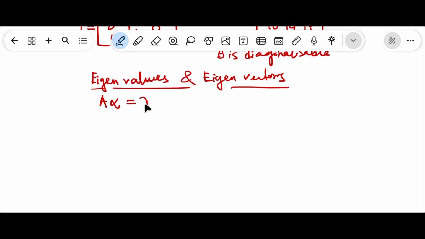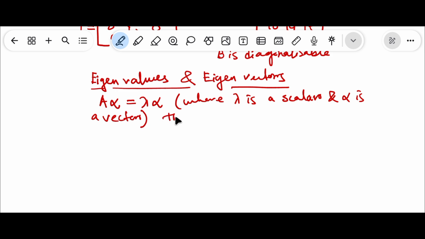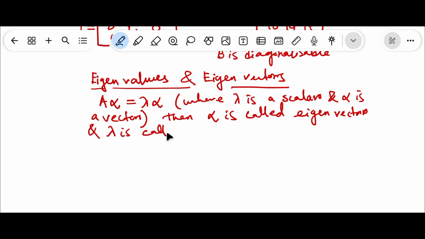If A alpha equals lambda alpha, where lambda is a scalar and alpha is a vector, then alpha is called an eigenvector and lambda is called the corresponding eigenvalue.